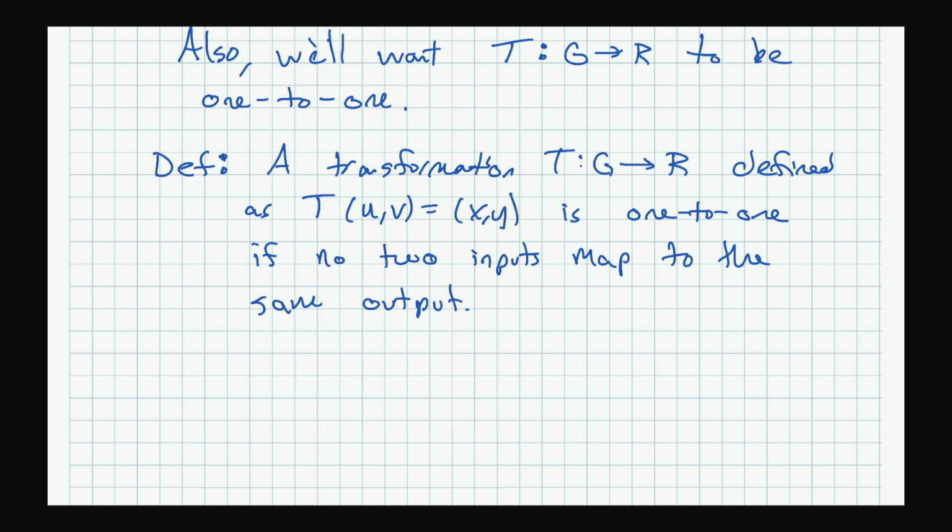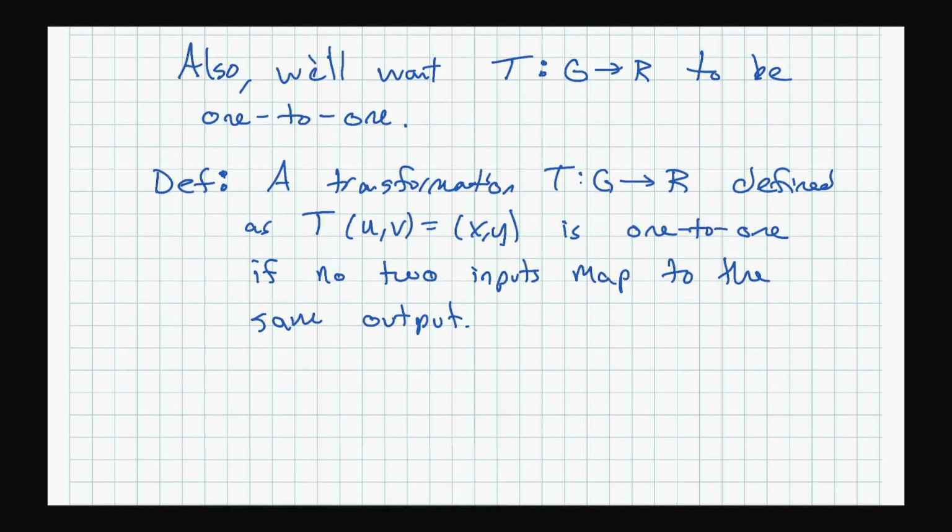There's a lot of ways to say that. You could also say every input maps to a unique output or something like that. But this is how they say it in the book, so we'll just say it this way.